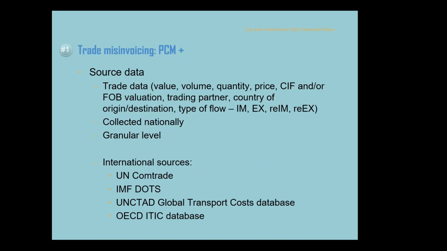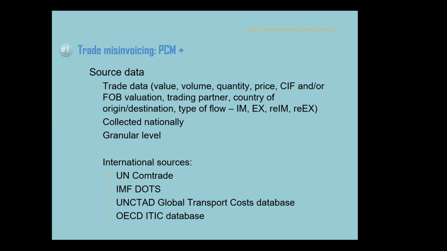In order to apply the partner country method, we require bilateral trade statistics, so between the reporting country, which is our country, and our trading partners. Ideally, all of the trading partners, or in a more limited way, only major trading partners.